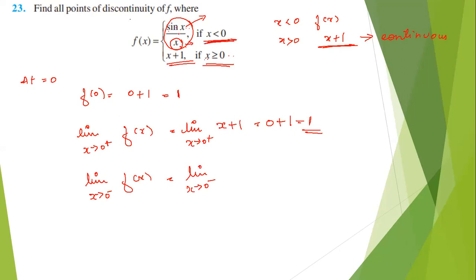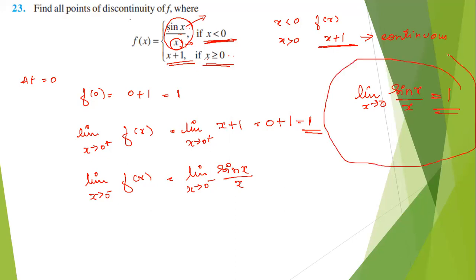When x is less than 0, you need to take this, sin x by x. We know limit x tending to 0, sin x by x is 1. This you have learned, correct? In your first year, you have learned this. Do you remember? Limit x tending to 0, sin x by x is 1. Do you all remember?